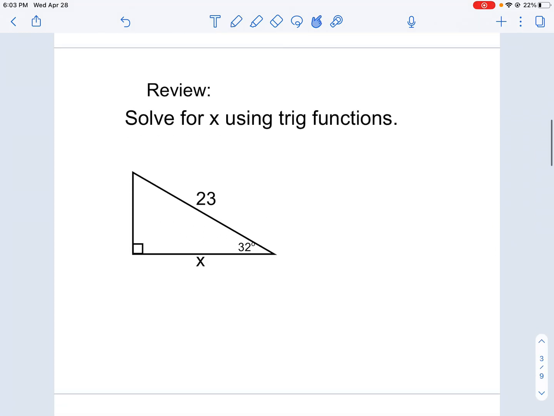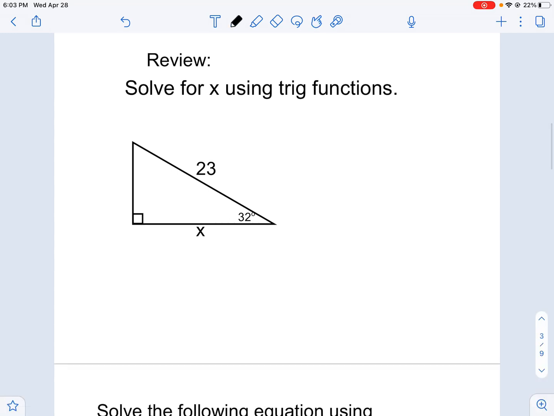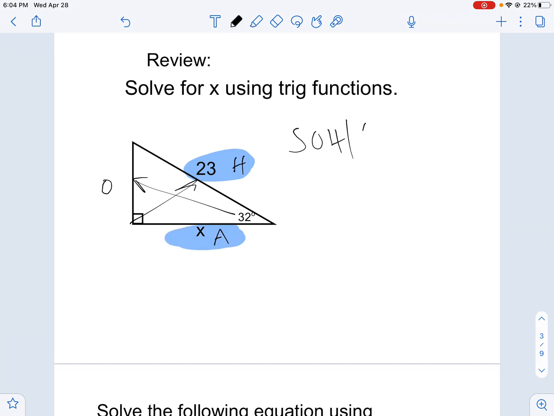So SOHCAHTOA. Well, here's my theta. So there's my opposite, my hypotenuse, and my adjacent. Looks like I'm using hypotenuse and adjacent. So I'm going to be cosine theta equals adjacent over hypotenuse.